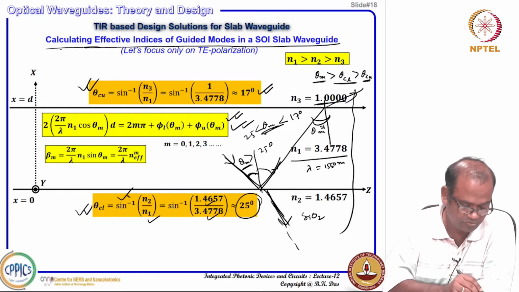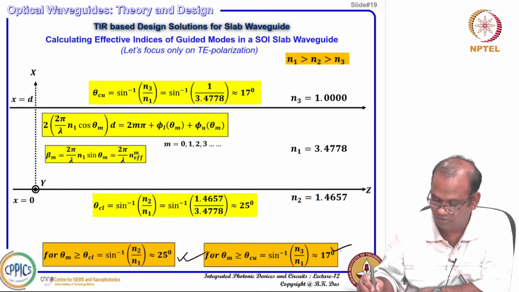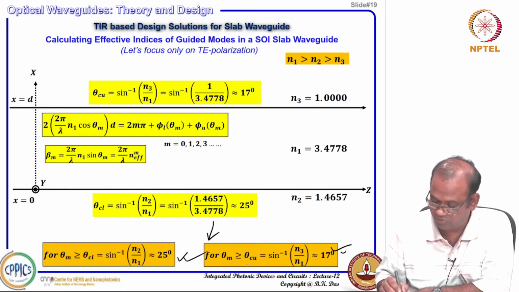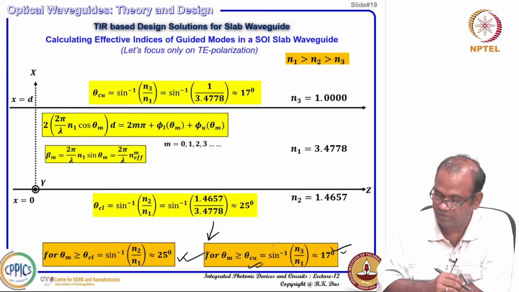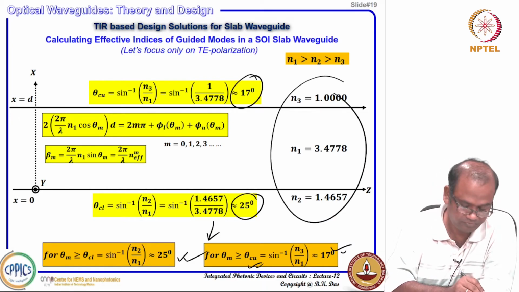Okay. This is fine. Next, what I have just written down here is the same thing: theta m should be greater than theta CL, and theta m should be greater than theta CU, whatever solutions you get. For this condition, I have calculated 70 degree and 25 degree.